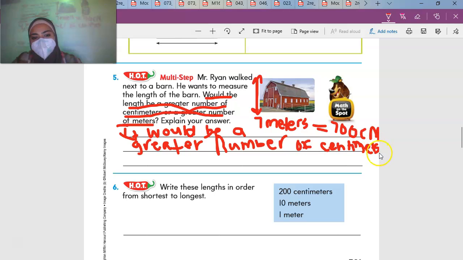And then it says explain your answer. Why? Because 1 meter is the same as 100 centimeters.